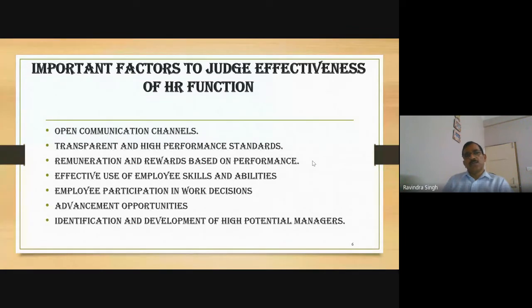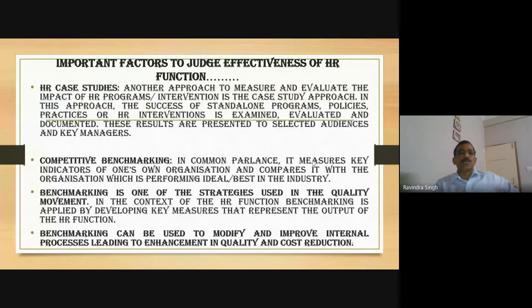There should be an effective grievance redressal system, transparent and high performance standards, remuneration and rewards based on performance, effective use of employee skills and abilities, employee participation in work decisions, advancement opportunity, and identification and development of high potential managers.